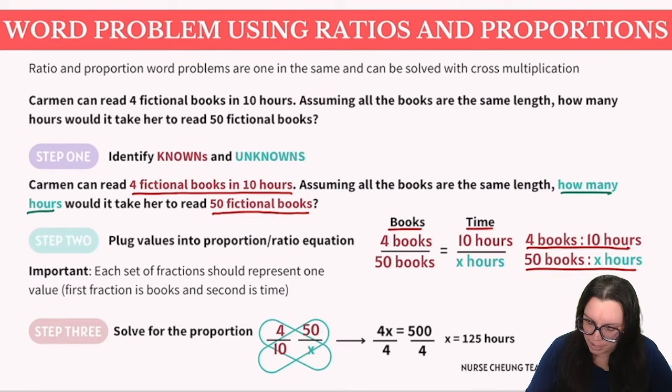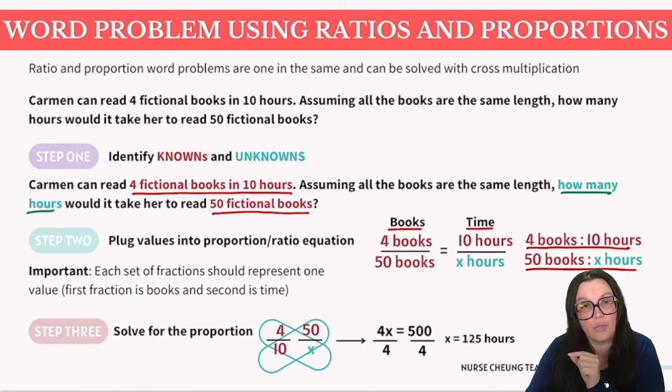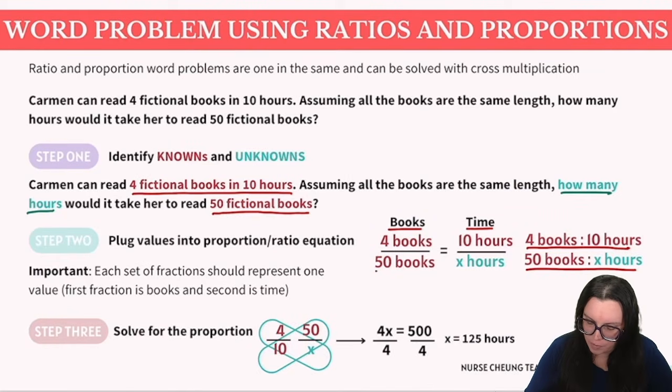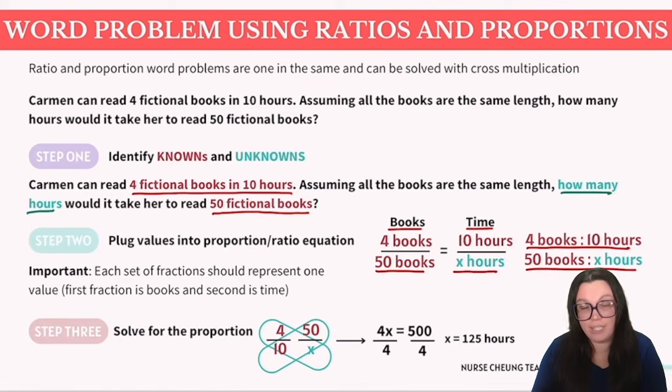I plugged 4 books into the numerator on the left, and 10 hours into the numerator on the right. On the bottom, I put 50 books under the 4 books on the left, and X hours, which is what we are trying to figure out, under the 10 hours on the right.